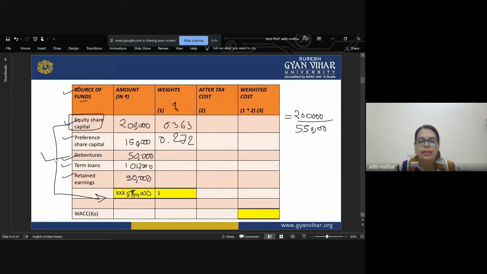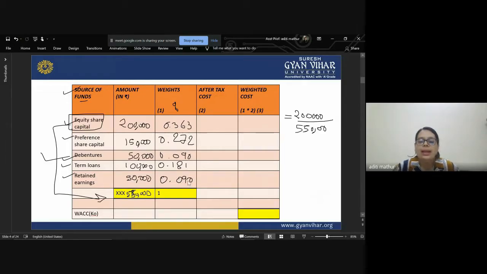It is 50,000 divided with 5,50,000, which is equal to 0.090. Now let us just do it for the term loans. That is 1 lakh divided by 5,50,000, which is equal to 0.181. And for the retained earnings, again, it is going to be 0.090.